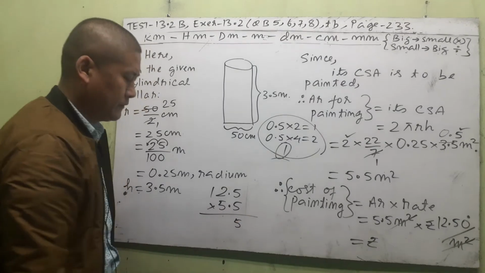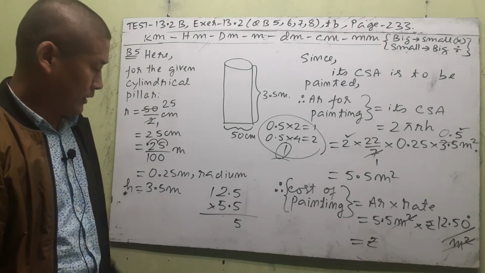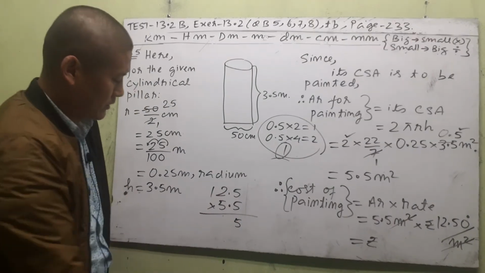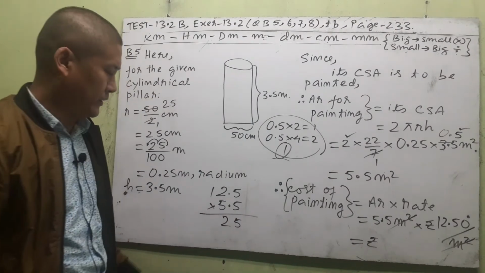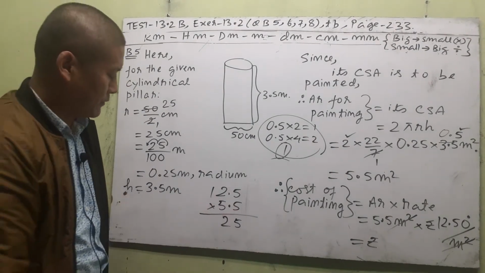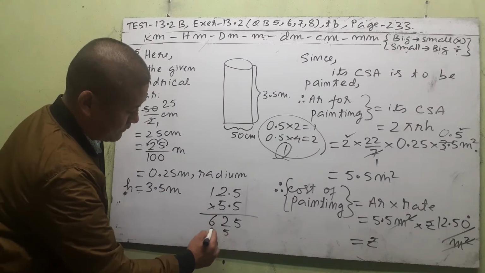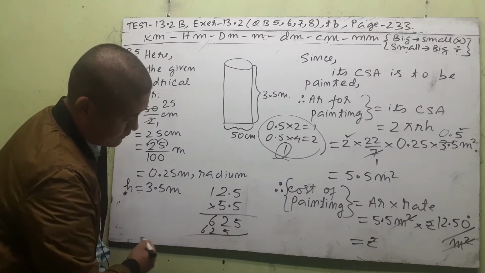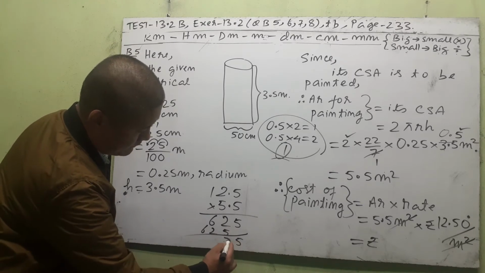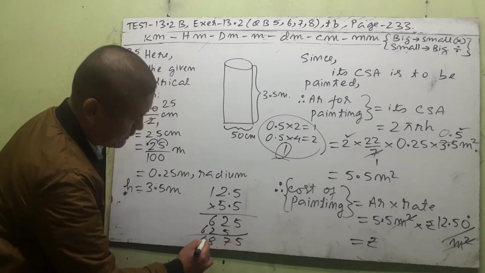5 5s are 25, 2 in hand, so 5 2s are 10 plus 2 remainder, 12, 1 remainder, 5 1s are 5 plus 1 remainder, 6. Same numbers of 5, 2 and 6. So when we add this, we'll get 5, 7, 8 and here 6.